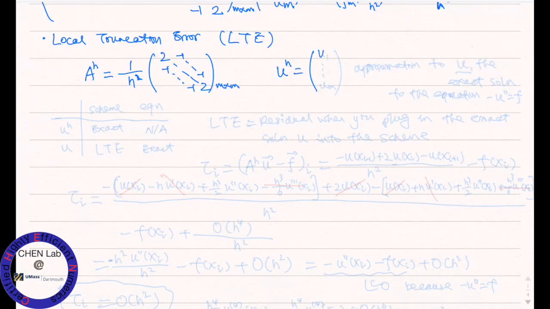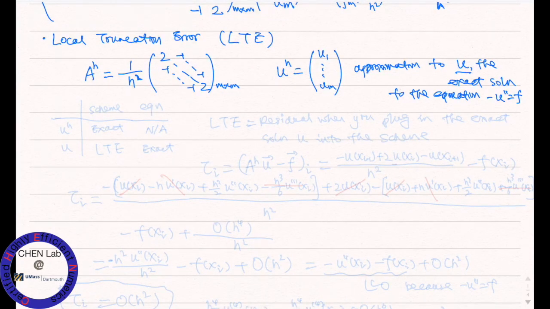That's that u1 to um vector. Remember, it is an approximation to u. The components u sub i. Here, this u is a continuous function, the exact solution to the equation negative u double prime is equal to f.